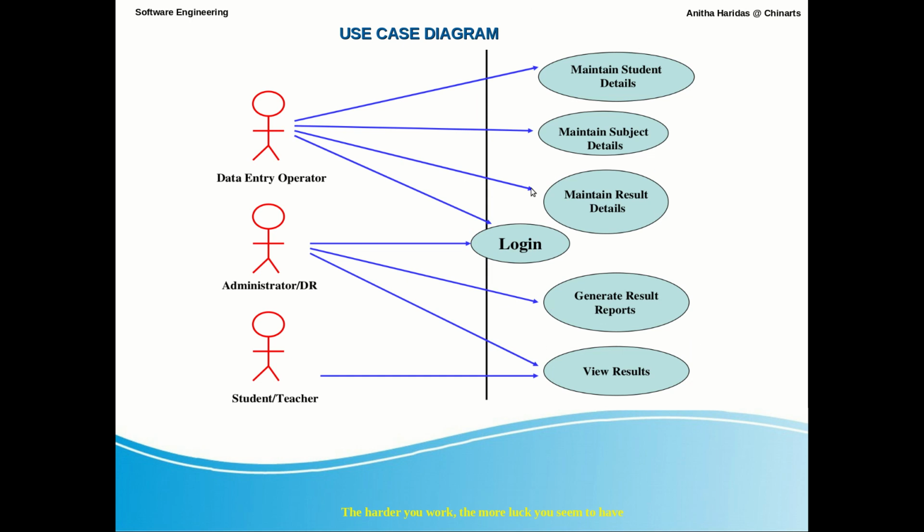The data entry operator can perform 4 different tasks, the administrator can perform 3 different tasks, and the student or teacher can perform only one task. What services are available in that system, and for whom these services are available, is also described in the use case diagram.